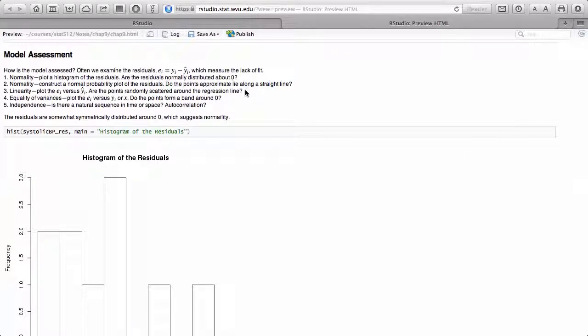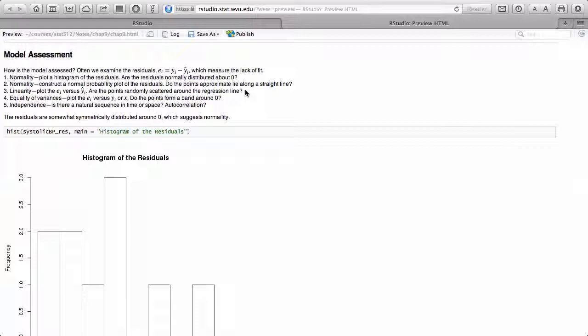The e sub i's are the actual residuals, the epsilon sub i's are random variables, versus the y hat sub i, where we want to know, are they randomly distributed around a regression line? If you have a regression line, but the points sort of form a U shape around that line, then that indicates that no, linearity is not correct. Maybe you should be doing some quadratic or some more complex function of x, not just linear.